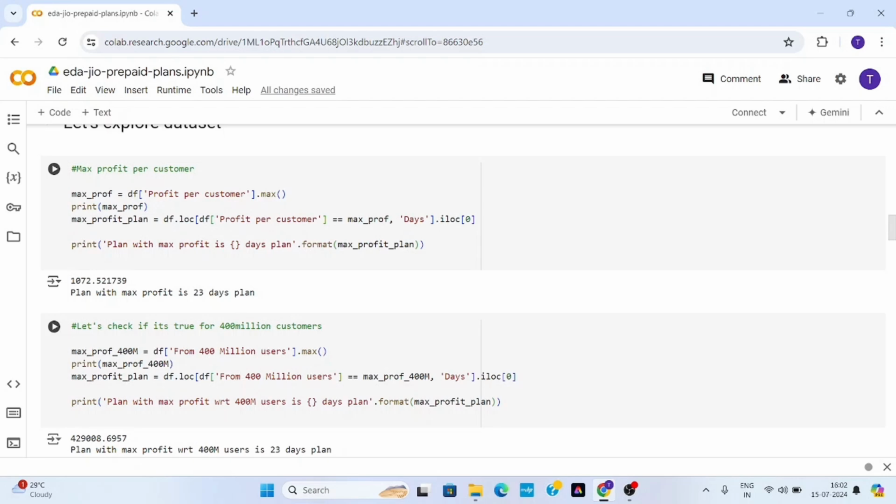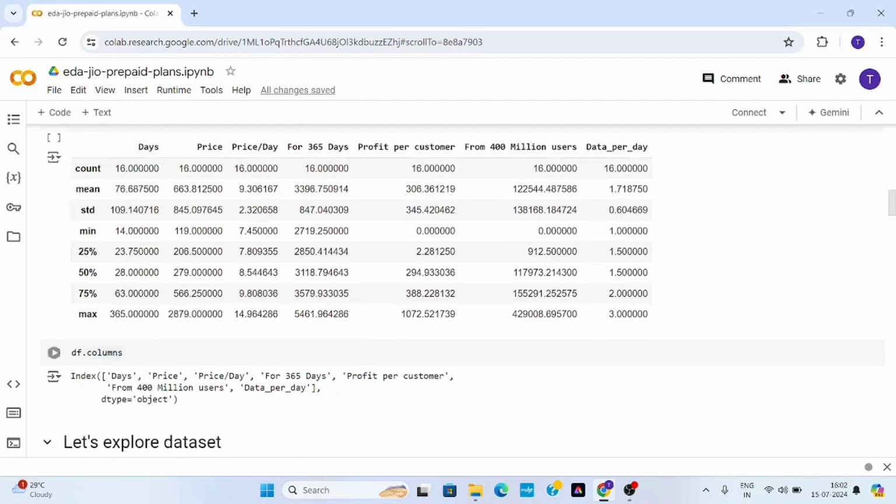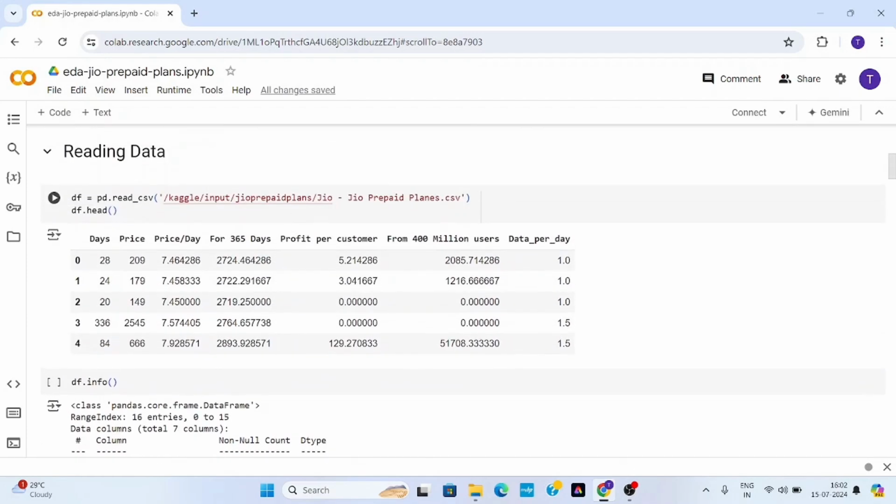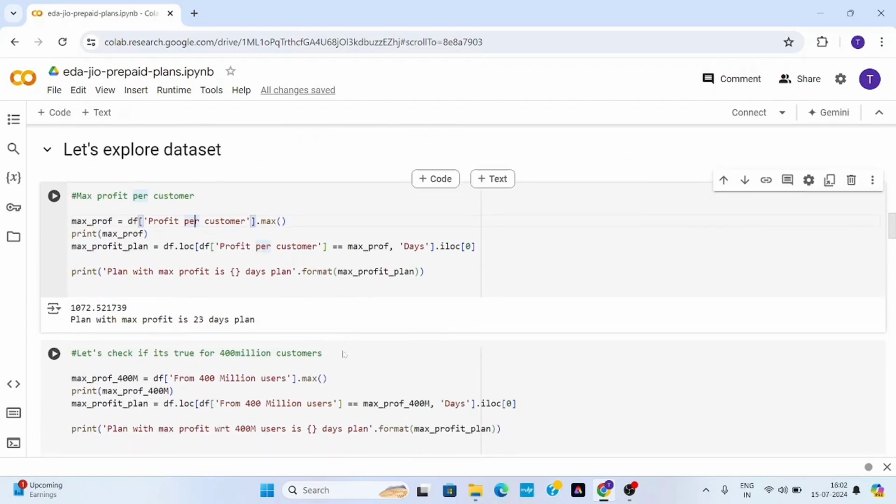So we are going to use the max function to get the maximum profit from the profit per customer column. You can see here this is the profit per customer column, in which you can see 5.2, 3.04, and 0, 0, 1.9. These are the profits for the Jio company.